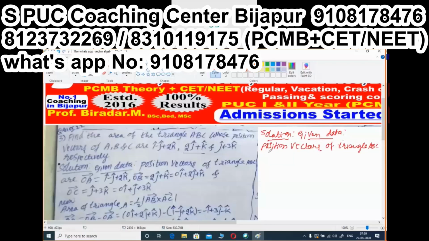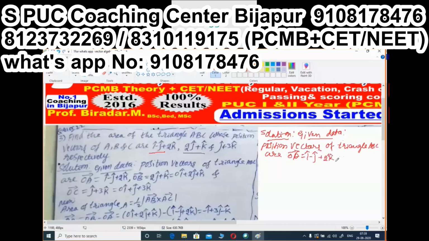So the first point is A, and its position vector OA is given as i cap minus j cap plus 2k cap.